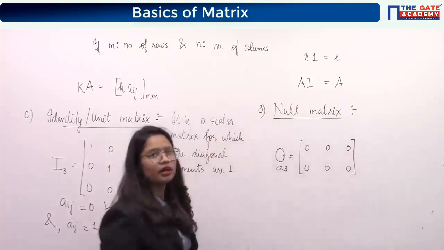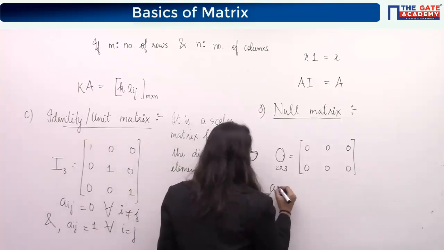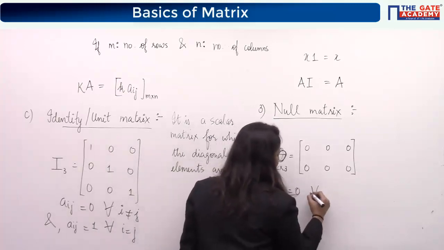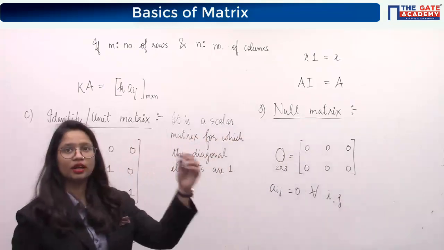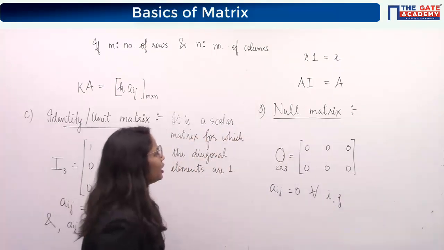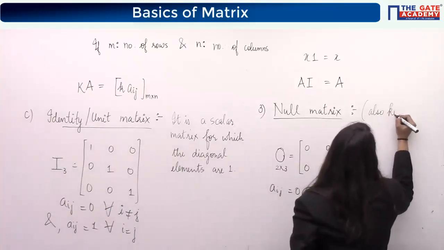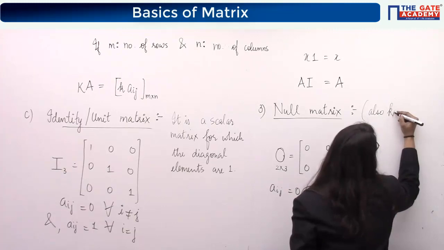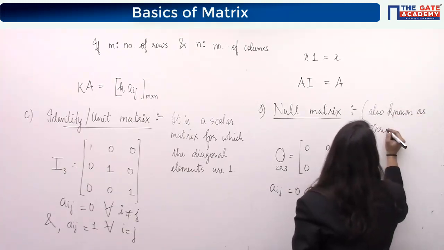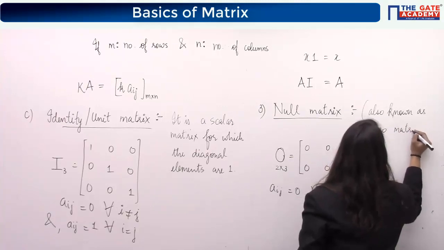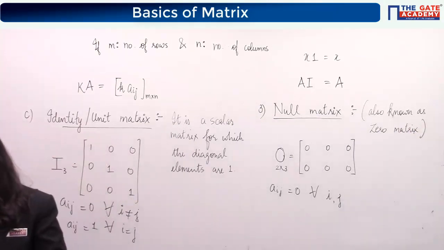The definition is simply Aij equals 0 for all i, j. And it is also known as the zero matrix.